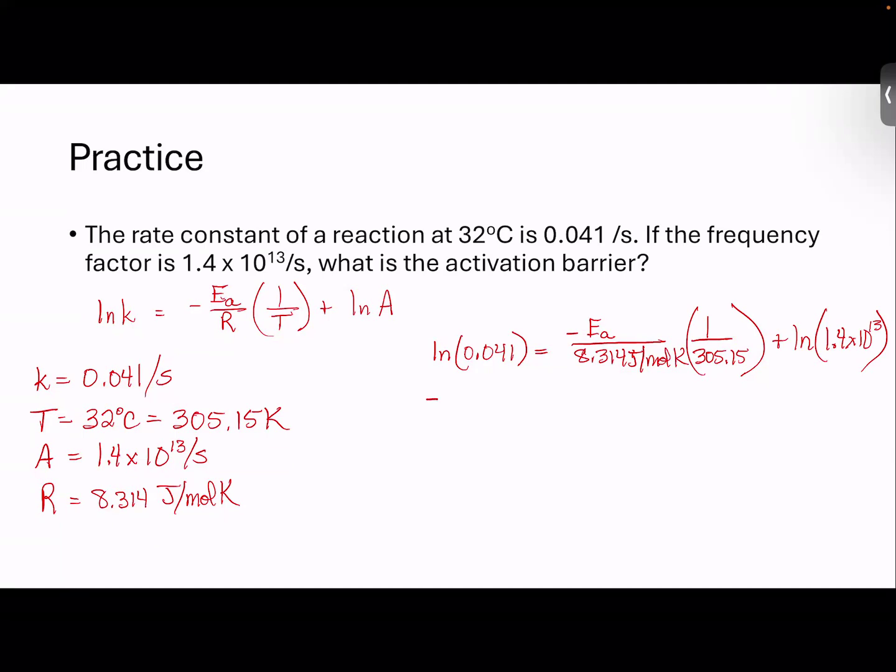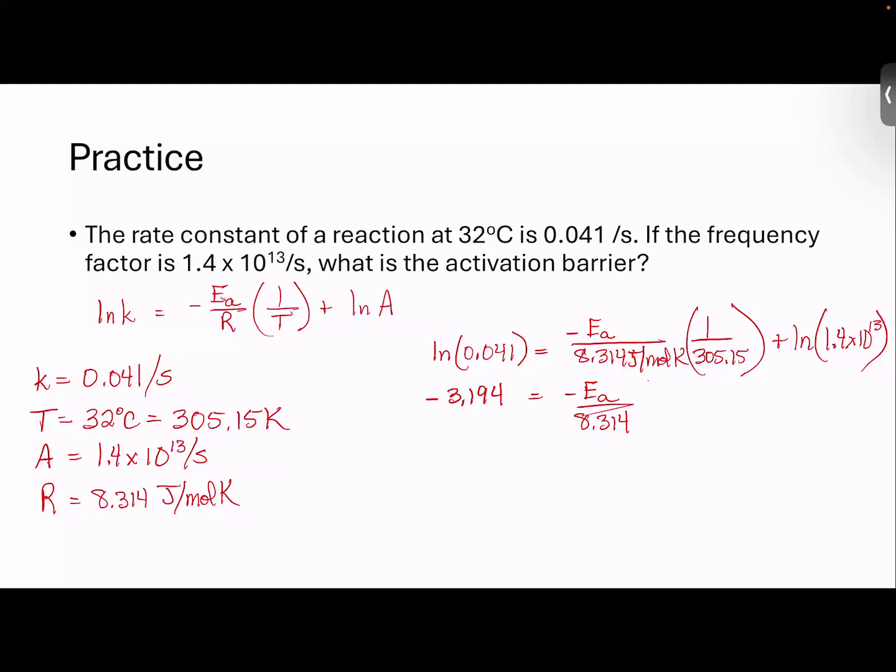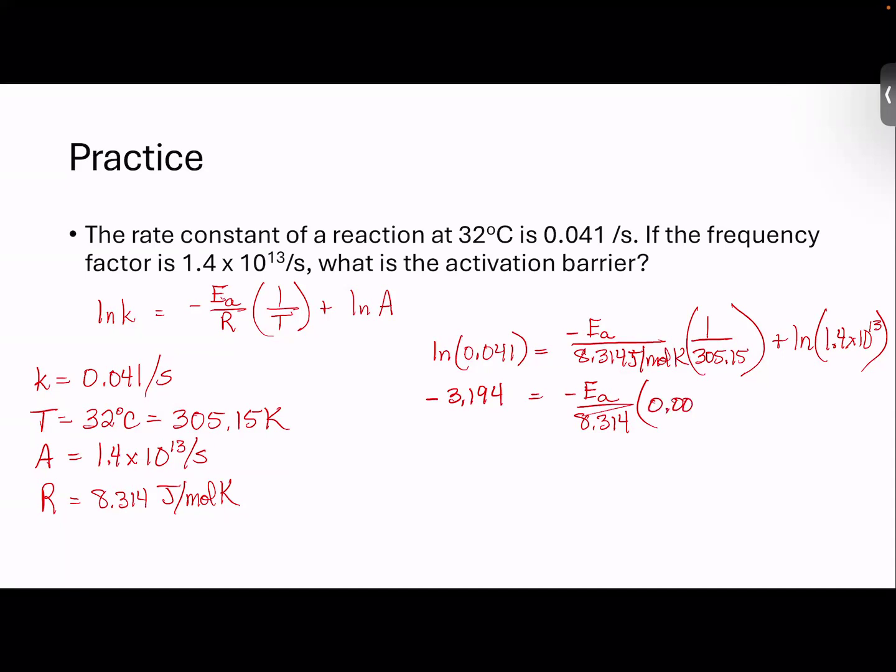The left-hand side is a negative 3.194. That's equal to a negative E sub A over 8.314 times 0.00328 plus the natural log of 1.4 times 10 to the 13, which is 30.27.